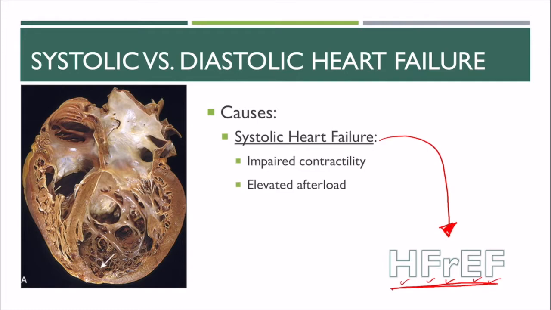On the previous slide, I mentioned that less than 30 to 40% would be considered a reduced ejection fraction. Someone who has severe heart failure with reduced ejection fraction could have less than 10% of their end diastolic volume being pumped out each beat.